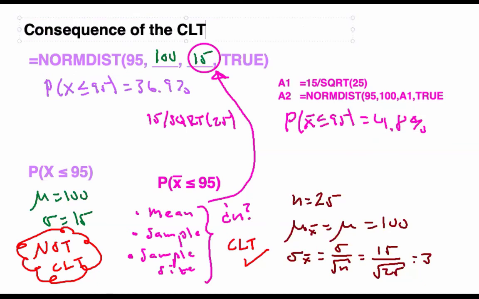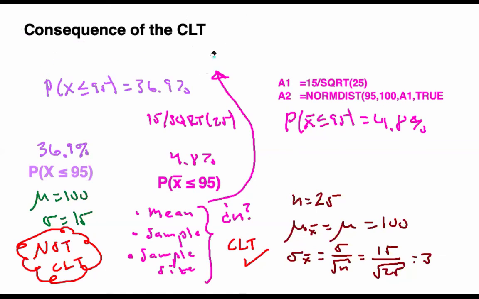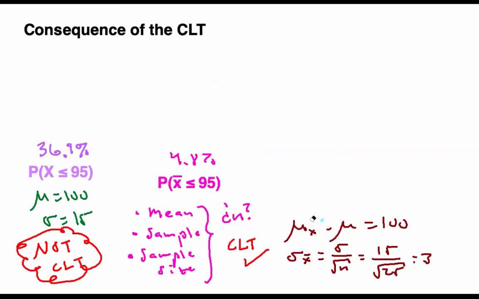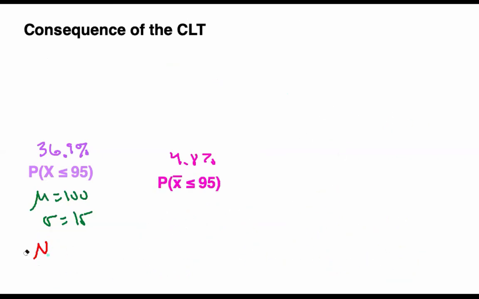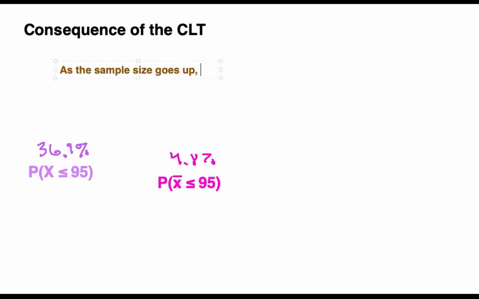From here, we can talk about one of the consequences of the central limit theorem. Let's retain these probabilities. The probability of a mean of at most 95 is 4.8%, and the probability of an observation of at most 95 is 36.9%. A consequence of the central limit theorem is this.